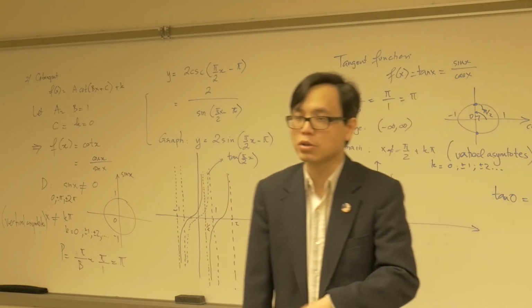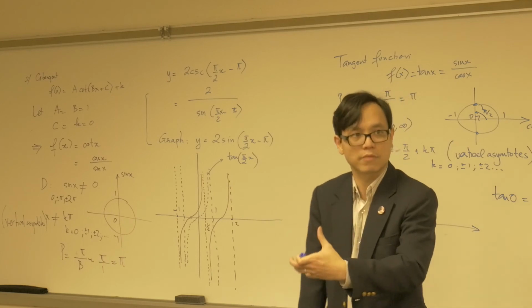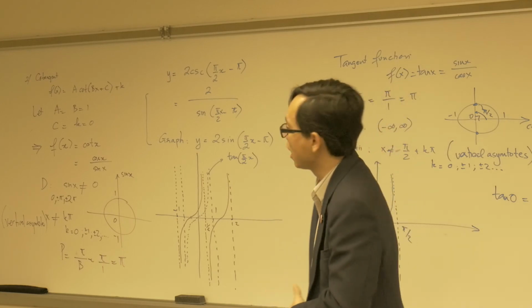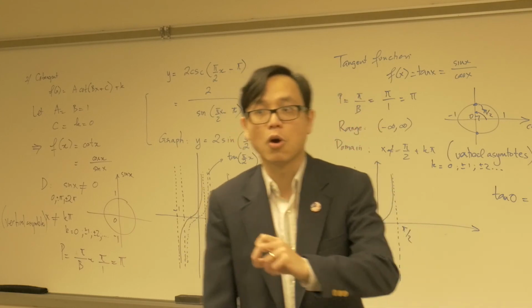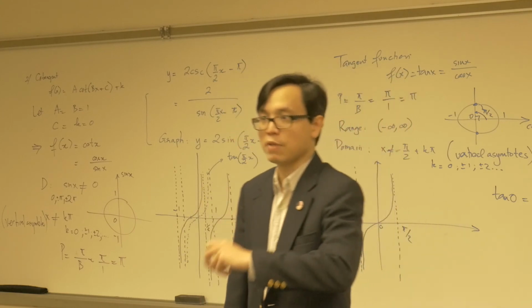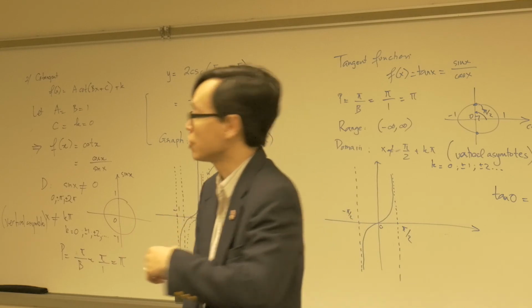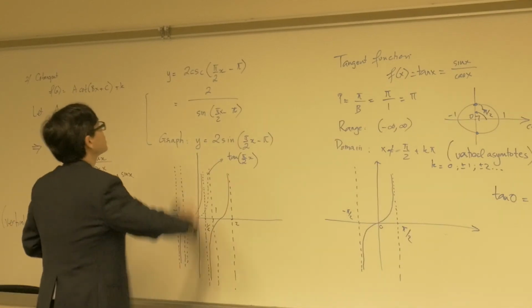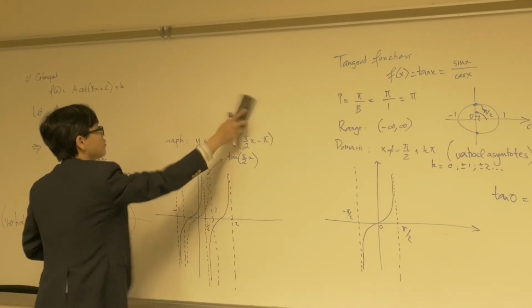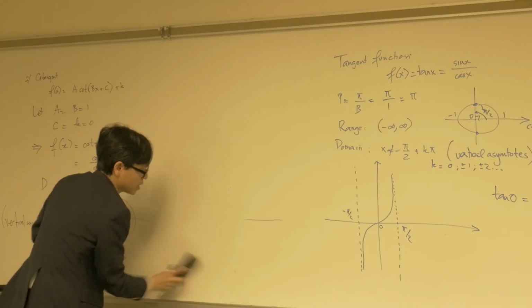Other than that, we also use some properties we already learned a few weeks ago. So I'm going to write out some properties, and we're going to see if we can use those properties to simplify or verify trigonometric expressions. So the lecture today is about trigonometry identities, or trigonometry properties.